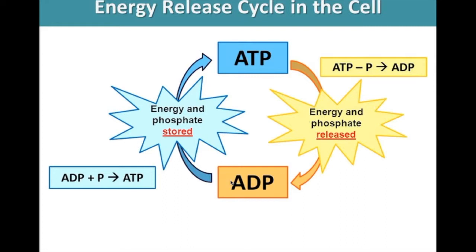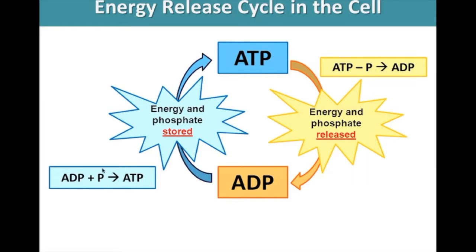And what happens to it is that it gets joined back on again. Okay, so what happens is the ADP captures the phosphate molecule again that's floating around, and then we store the energy back in the bond. And this process cycles round and round and round throughout the day. So this part of it is fairly obvious. So we break the phosphate molecule off and that gives us energy, and then we create ADP.